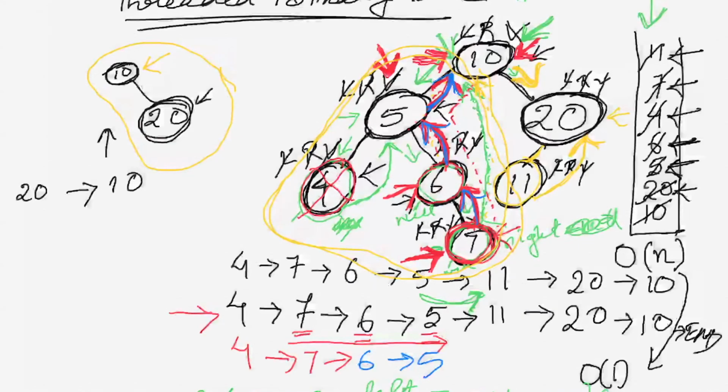And then we move on to the left subtree, the left child with value 11. It has no left child, so we move on to the right child. So it brings us back to the node with value 20.